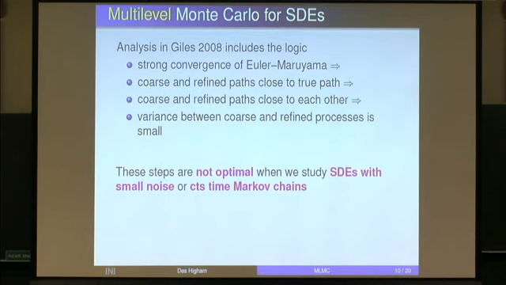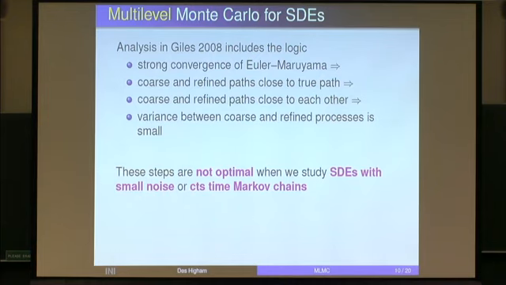I'm not going to go through the details, but there's one particular step that I felt was worth pointing out, because this is what's going to change in the work that I'm going to talk about. So the paper by Mike Giles, he first of all proposes this idea, and then he analyzes it to show that it's worthwhile. The analysis includes an exploitation of the fact that Euler-Maruyama is strongly convergent.